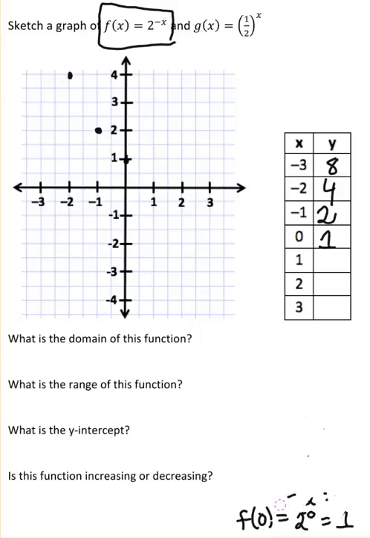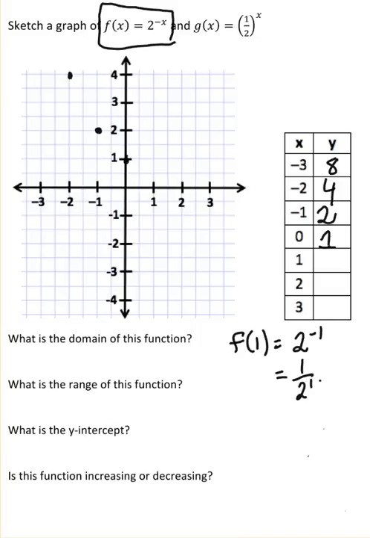There we go. All right, so looking at the positive values now, f at 1 would be 2 to the -1, which is the same as 1 over 2 to the positive 1, or 1/2. So that looks like this.